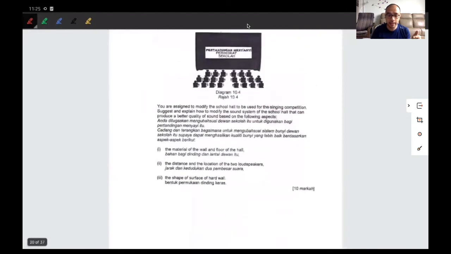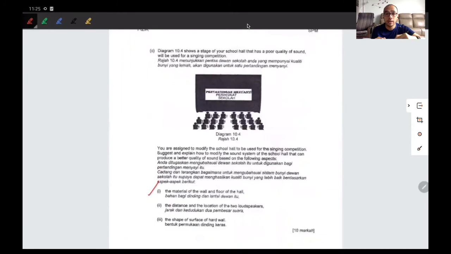This is the same thing: the material of the wall and the floor of the hall. Same question as just now, the hall question. The stage of the school has poor quality of sound used for singing competition. So you are assigned to modify the school hall to be used for the singing competition. We want better quality of sound.